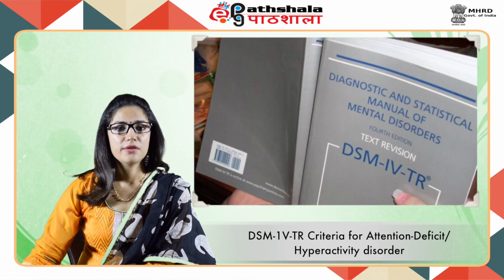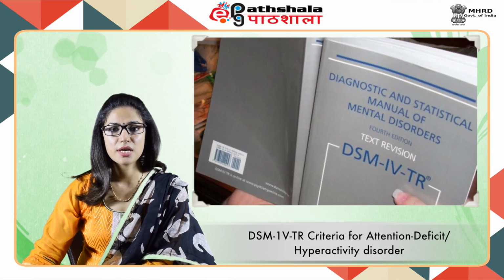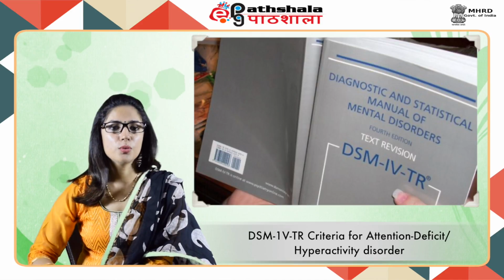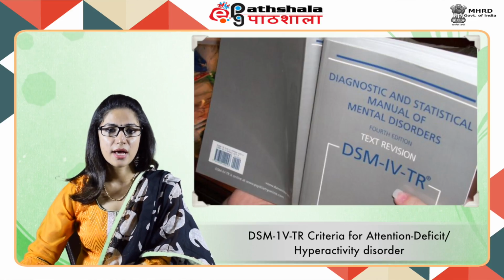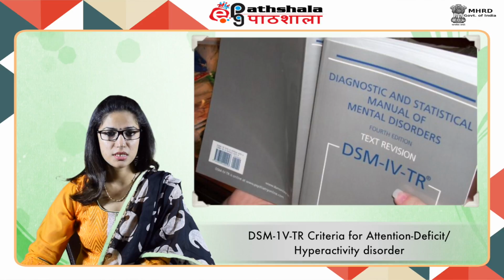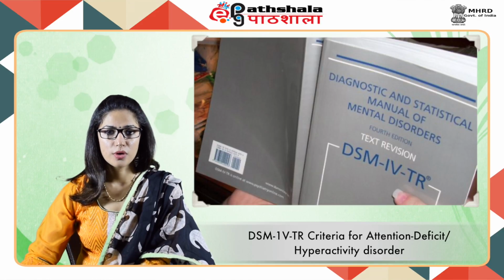Number 2, if 6 or more of the following symptoms of hyperactivity-impulsivity have persisted for at least 6 months to a degree that is maladaptive. A, often fidgets with hands or feet or squirms in seat. B, often leaves seat in classroom or in other situations in which remaining seated is expected.